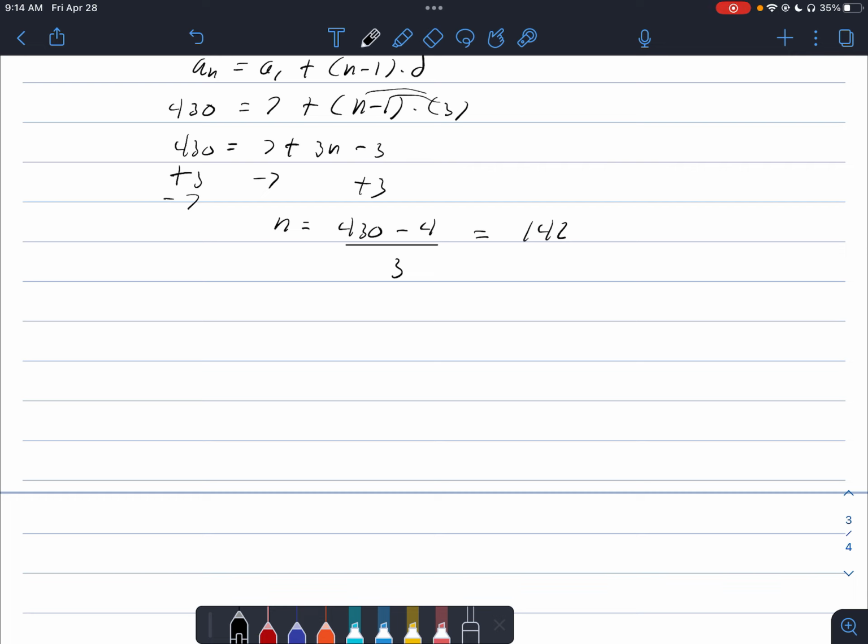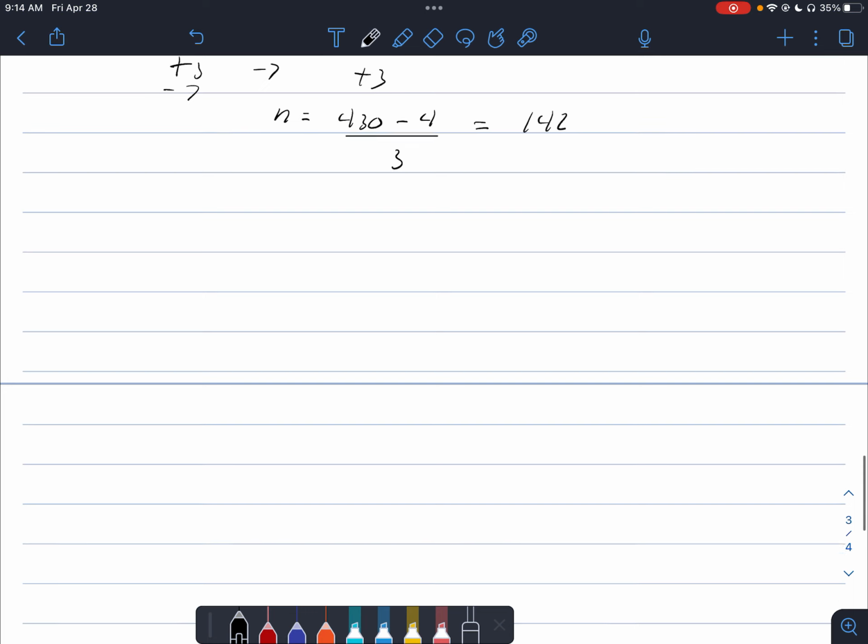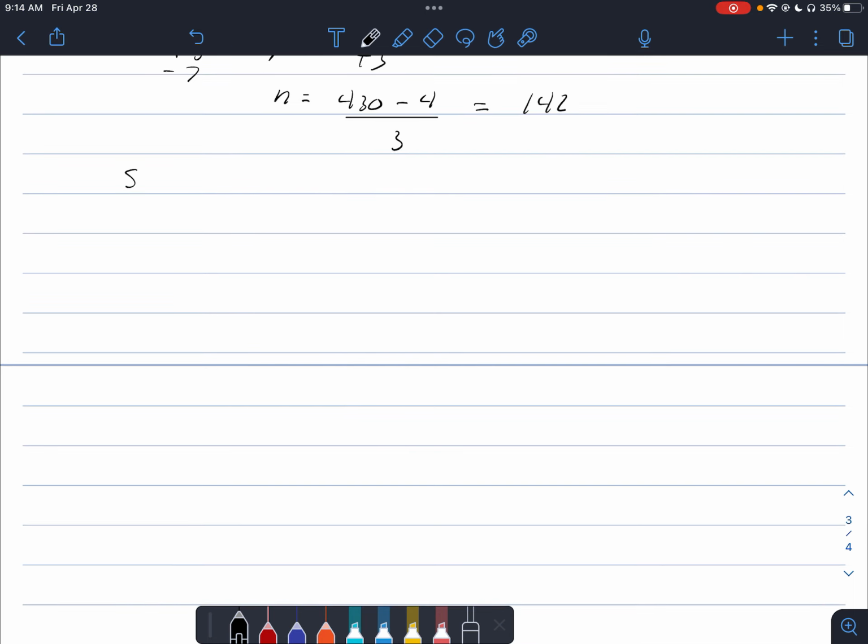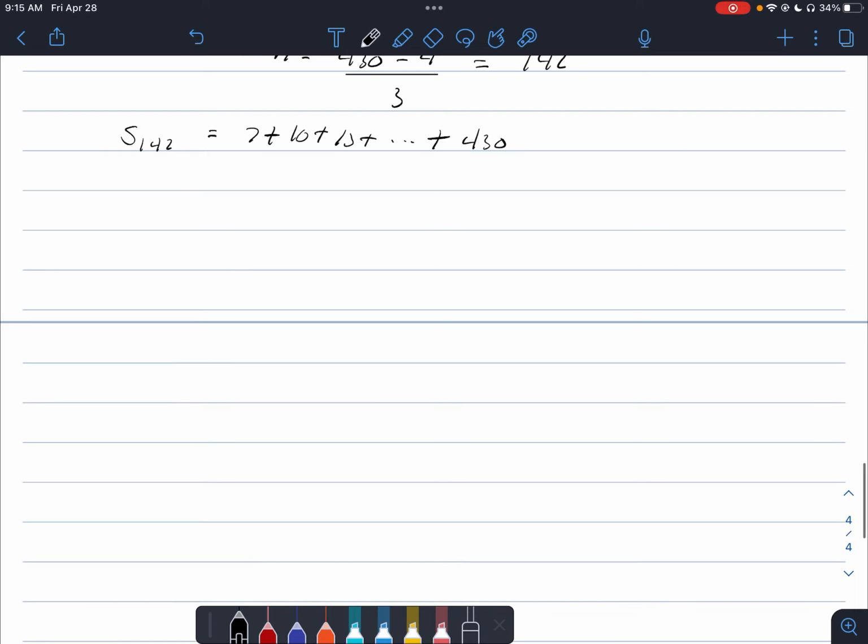Now we can take the fact that there are 142 terms in the sequence, and we can find the sum of the first 142 terms. So we have S142 is going to be equal to 7 plus 10 plus 13 plus dot dot dot plus 430. Now we can plug our information into our formula.